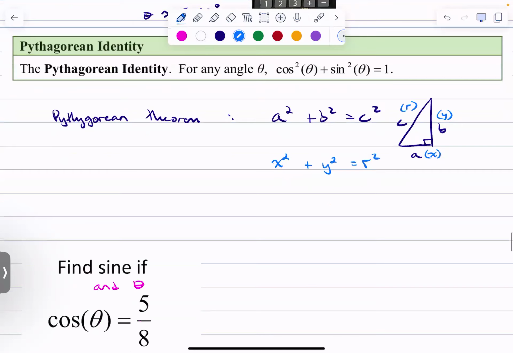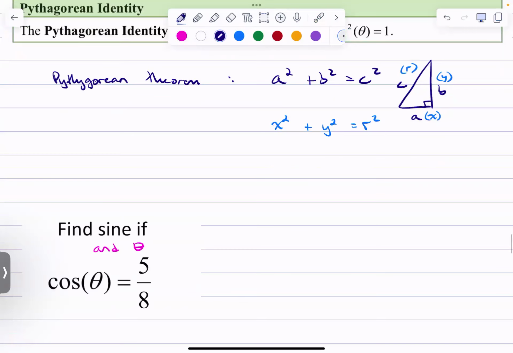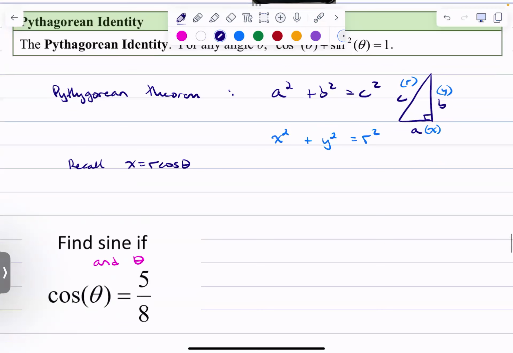But then we also said that x is going to be r times the cosine of theta. And so recall that x is r cos theta, and y is r sine theta.